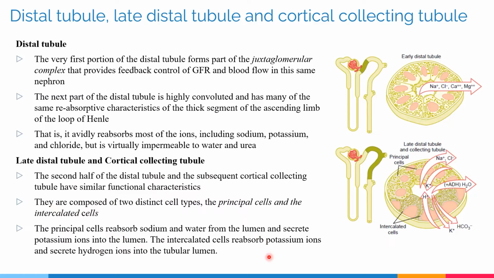The intercalated cells reabsorb potassium ions and secrete hydrogen ions into the tubular lumen. So essentially the whole late distal tubule and cortical collecting tubule act to reabsorb sodium and chloride as well as water from the glomerular filtrate as it passes through, and allow the secretion of potassium and hydrogen into the glomerular filtrate.